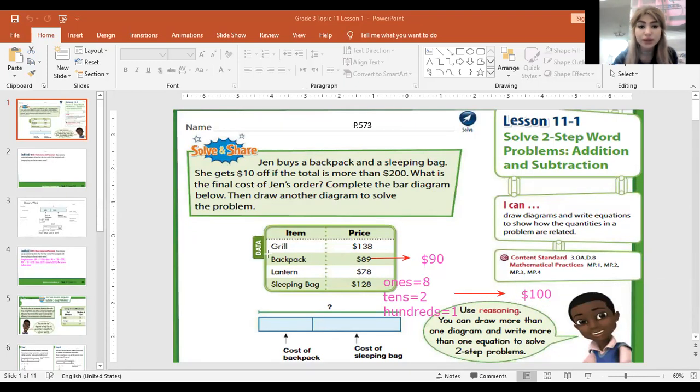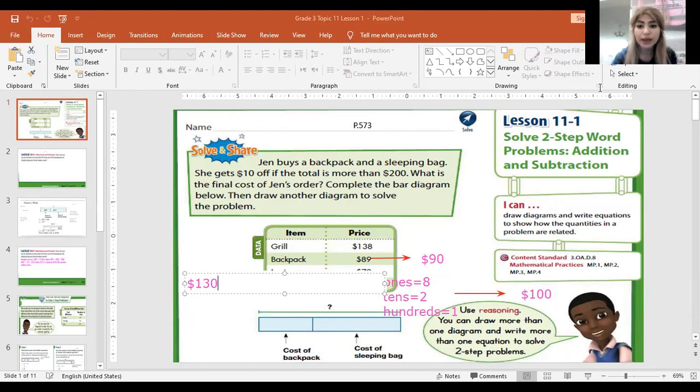So if it is to the nearest tens, 128 to the nearest 10 will be 130. So also, 130 plus 90 is what? What do you think? 220. Yes, 220.